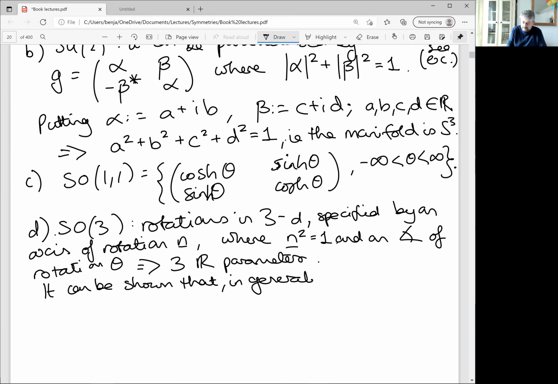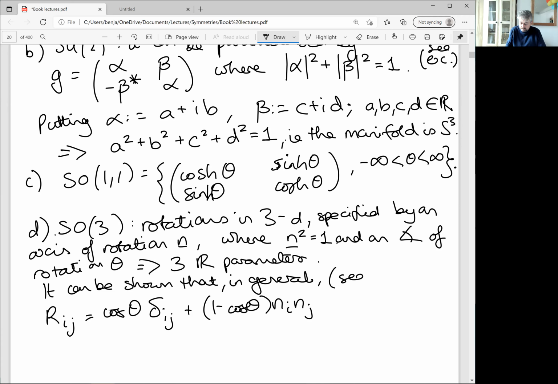The elements of this matrix, so we're going to call the matrix R, the ijth element, where i and j go from 1 to 3, can be written in the following way. See the exercise. Minus sine theta epsilon ijk nk.